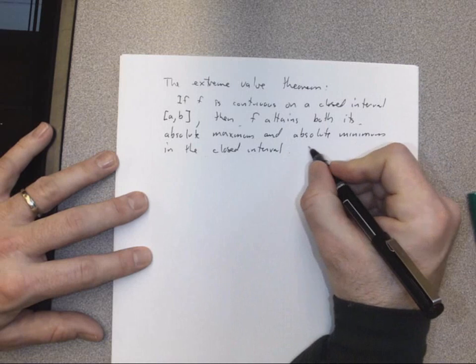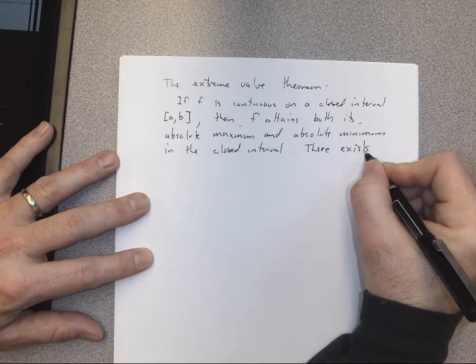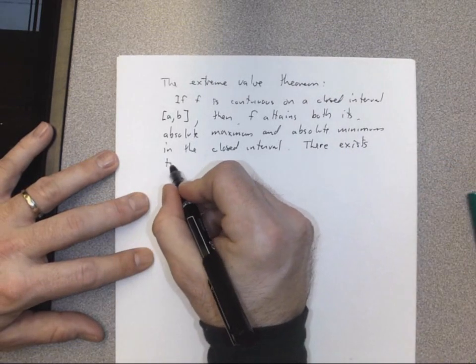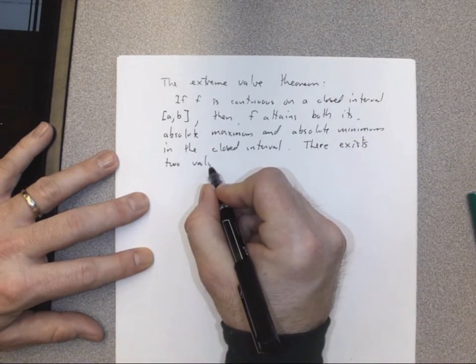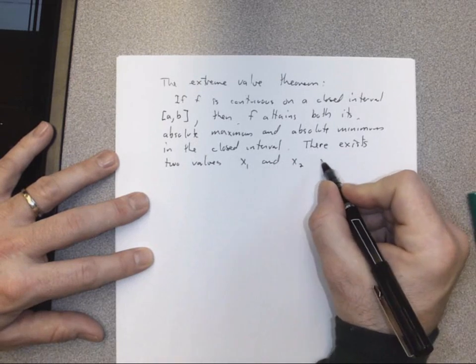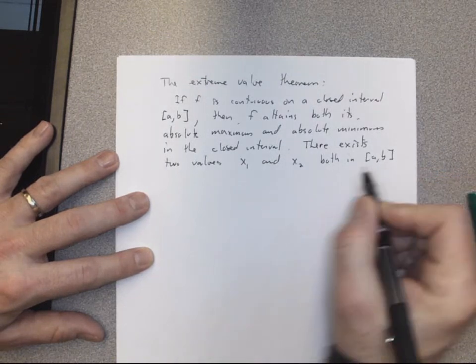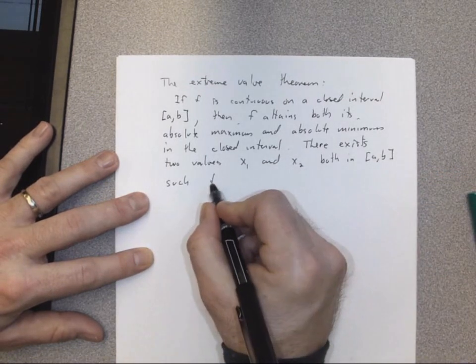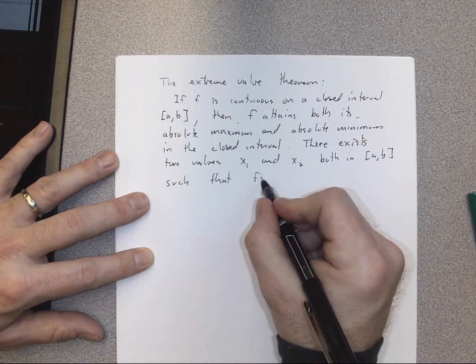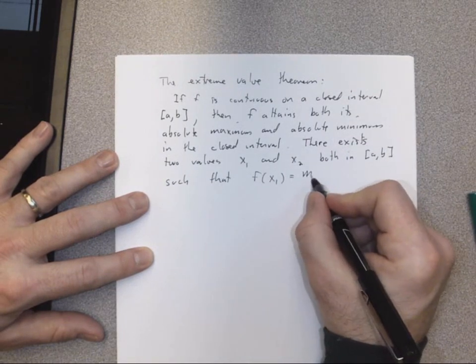So really what that means is there exist two values, let's say x1 and x2, that are both in this interval A to B, such that f of x1 is going to be equal to the maximum.